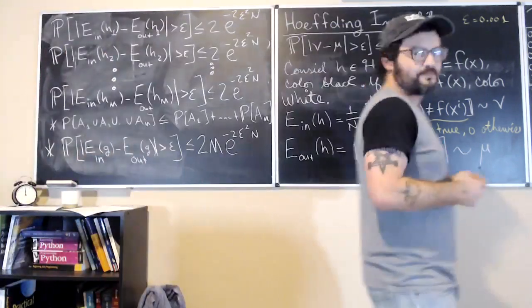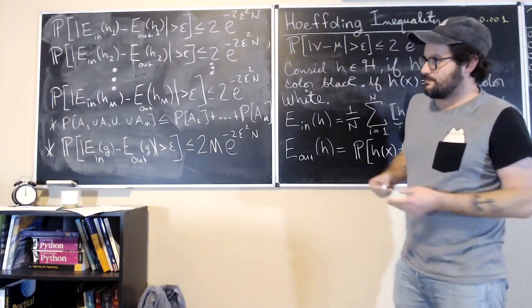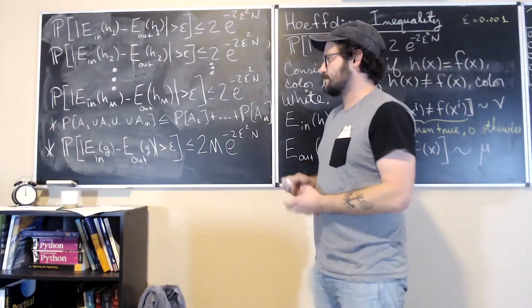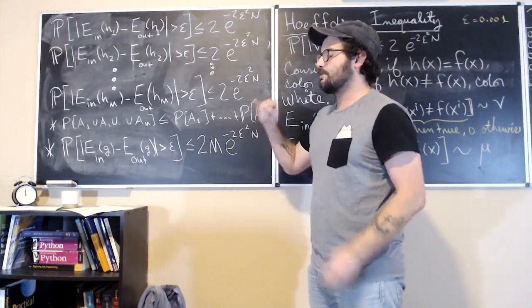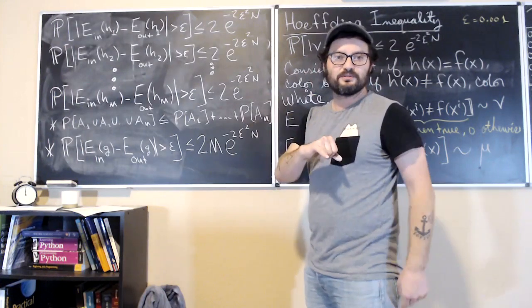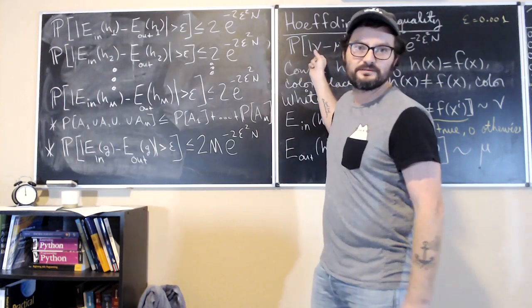So what's the moral of the story? What this is telling us is that, provided it's very important that our sample was randomly chosen in order for this to be valid.